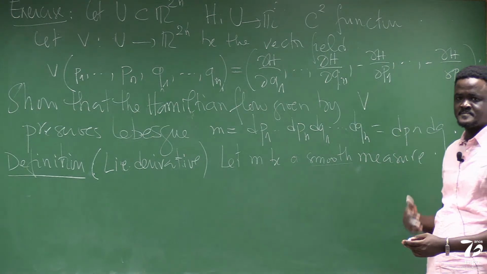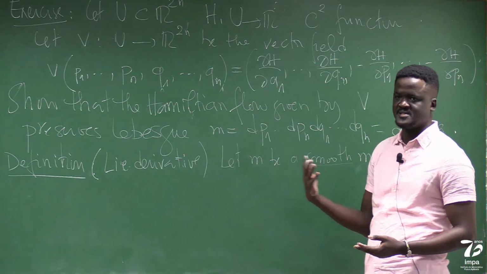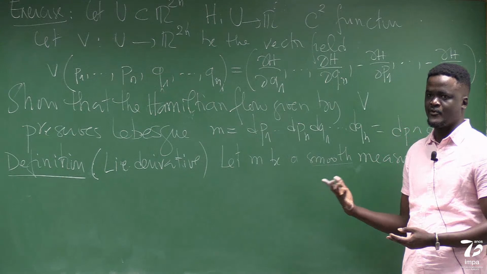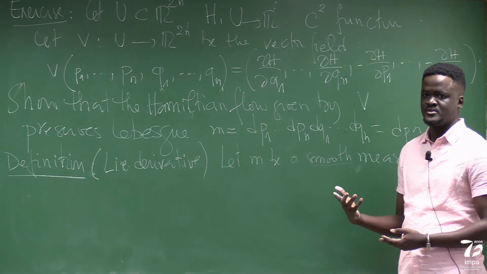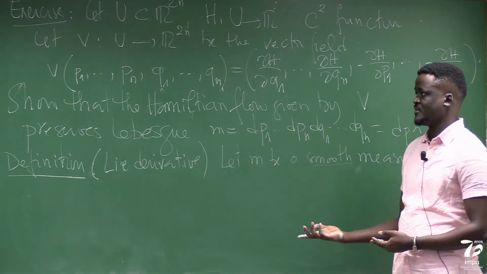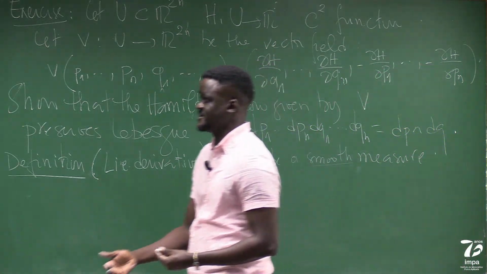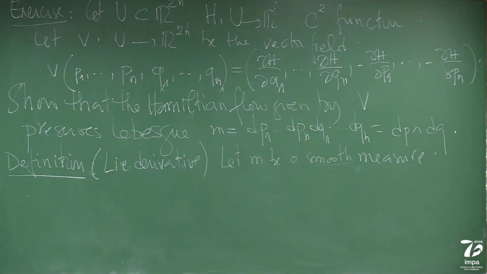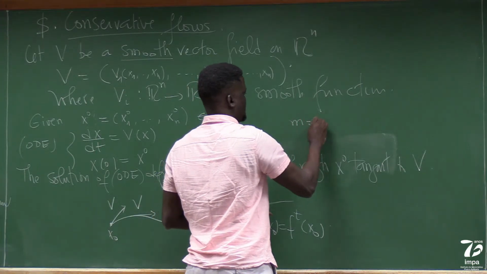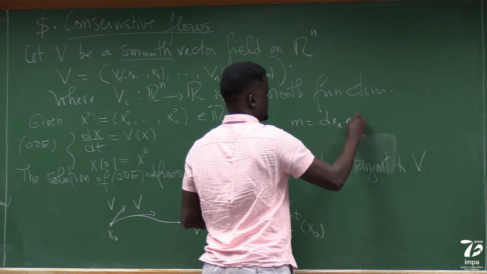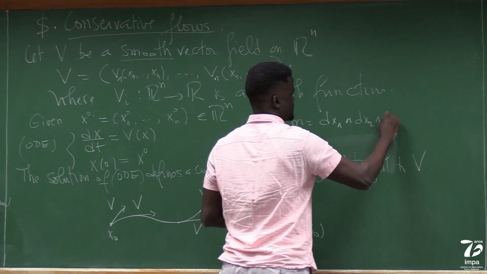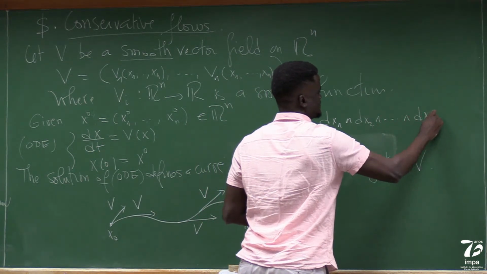In some cases it's good to see these measures as top forms, n differential forms. The Lebesgue measure M, you can see it as dx1 wedge dx2 wedge dxn.